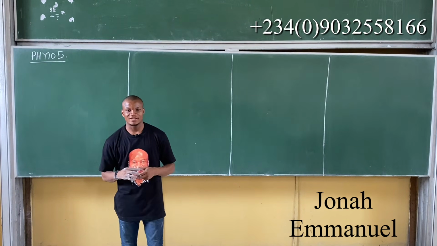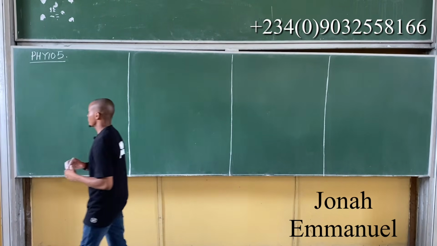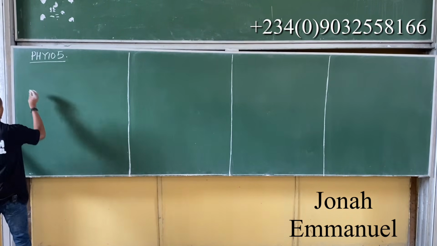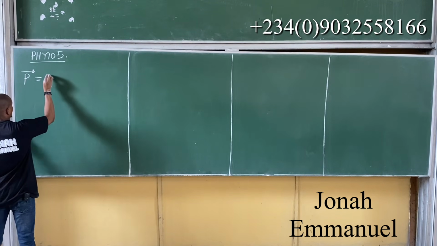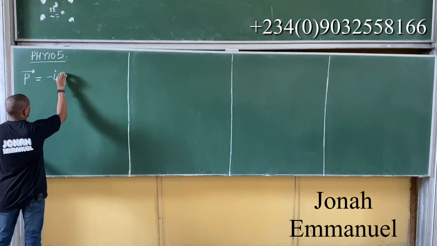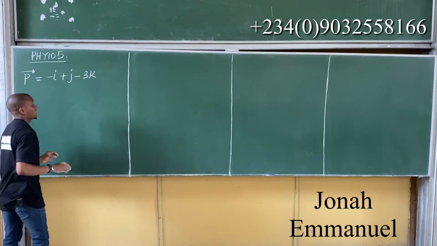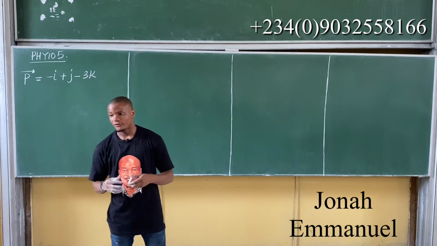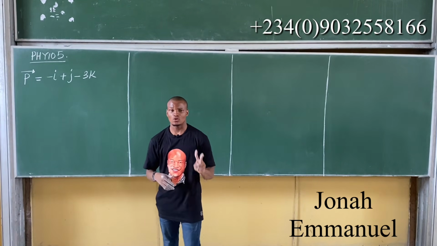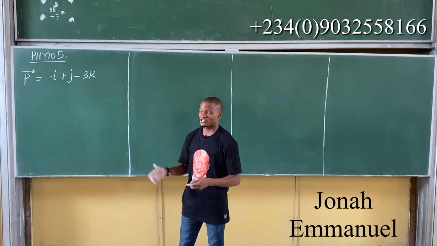So let's look at the second example on unit vectors. Now let's say I'm given perhaps the vector P as being equal to minus I plus J minus 3K, and I'm asked to find the unit vector. For the first example, we used just 2 coordinates, which were I and J. In this case, I'm using 3 coordinates.